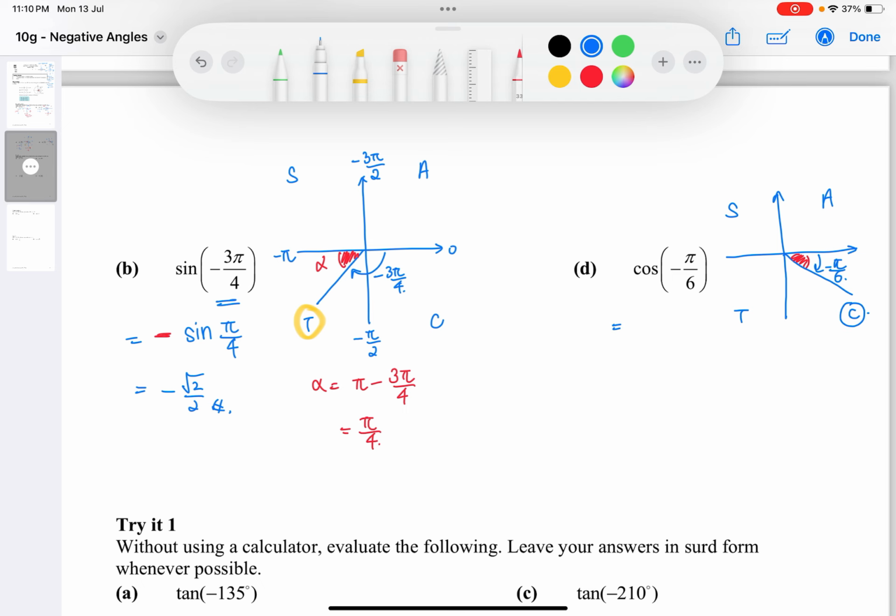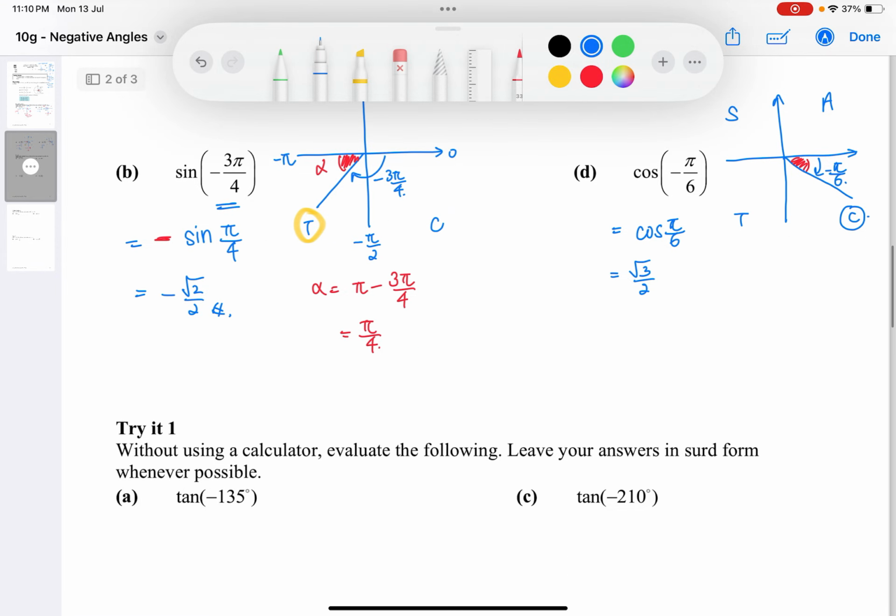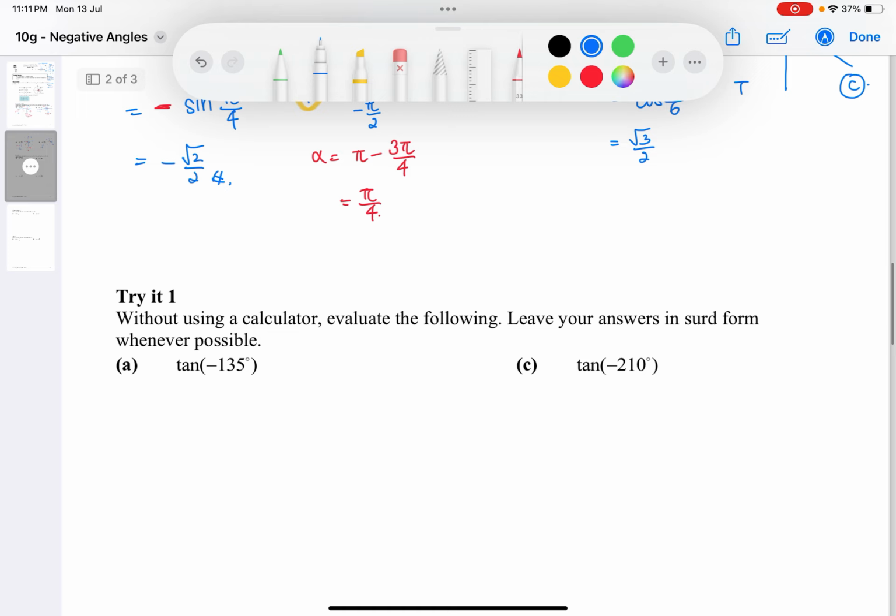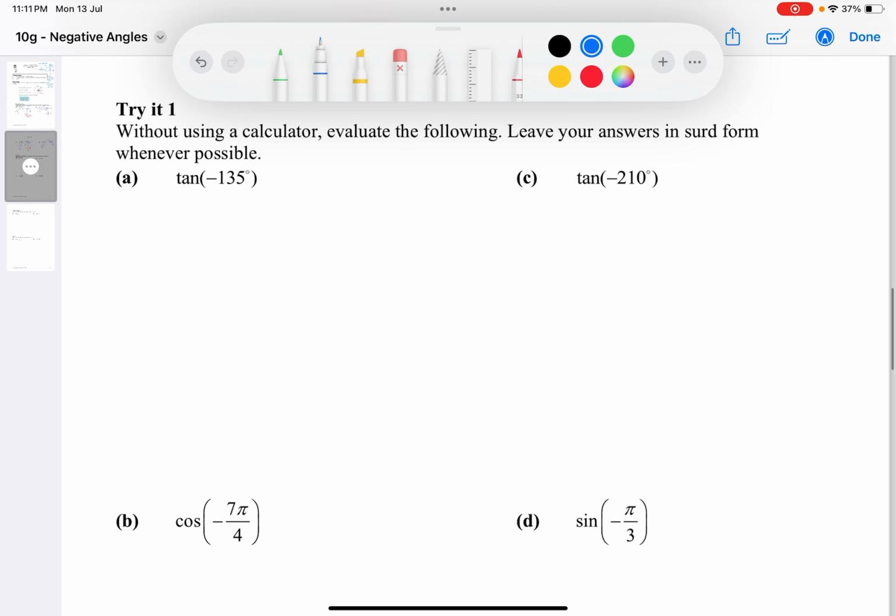So this is easy. This is just positive pi over 6, and it gives me root 3 over 2. Don't believe me, you can go and type in your calculator and you will get the same answers. Exactly. So now you can try it once, and then I'll share the answers with you.